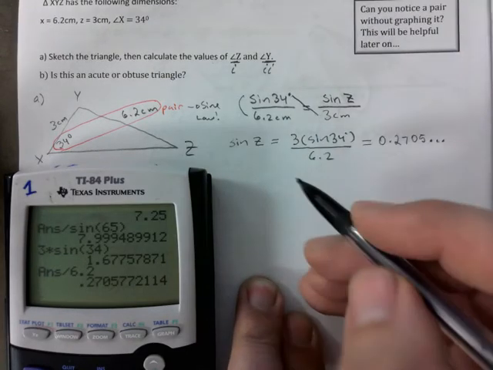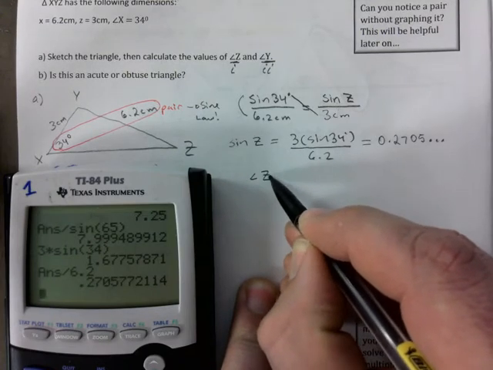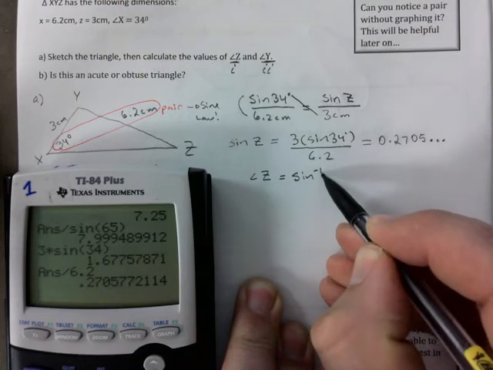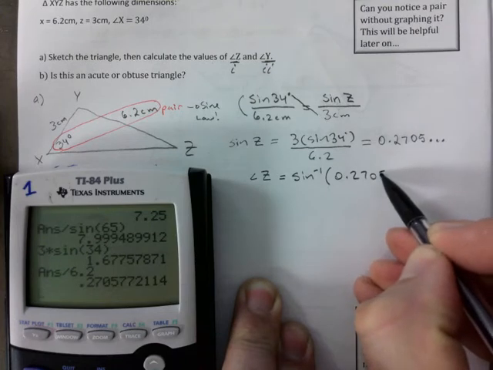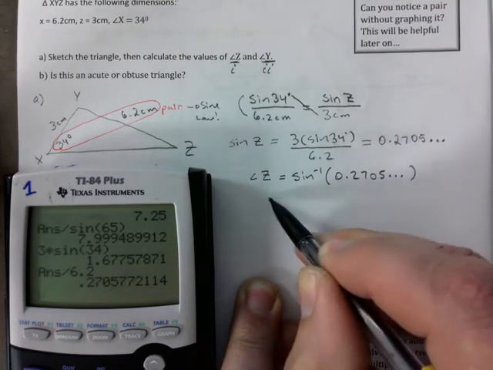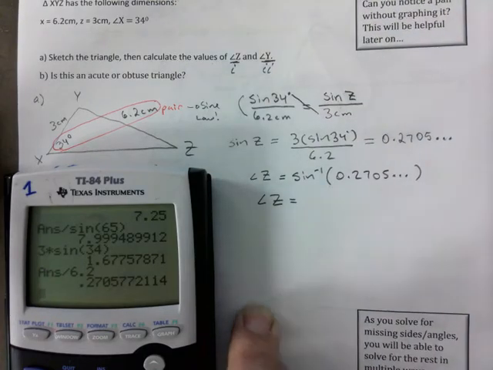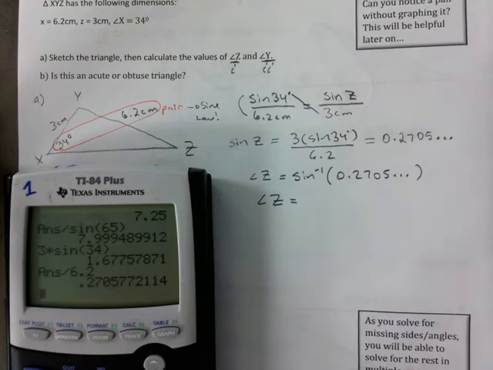And here's the final step. Angle Z is going to be equal to sine inverse of whatever I just got. And that's the answer. So now I need you to look up and just watch.